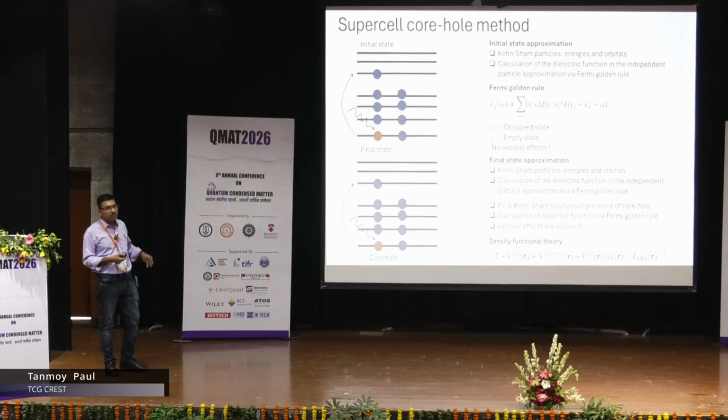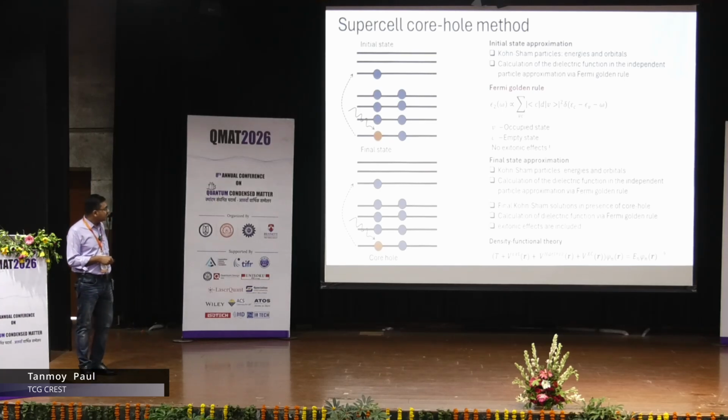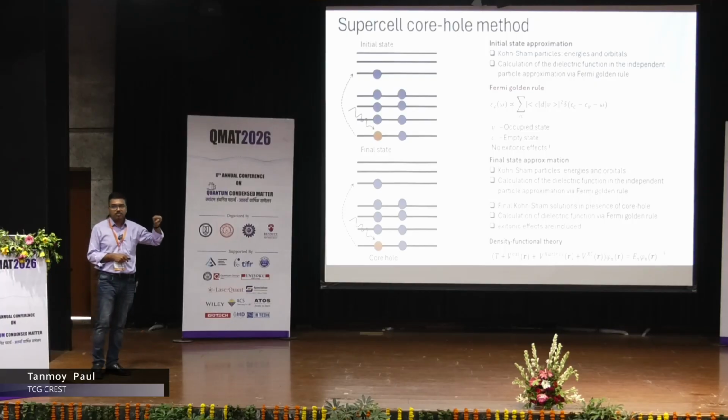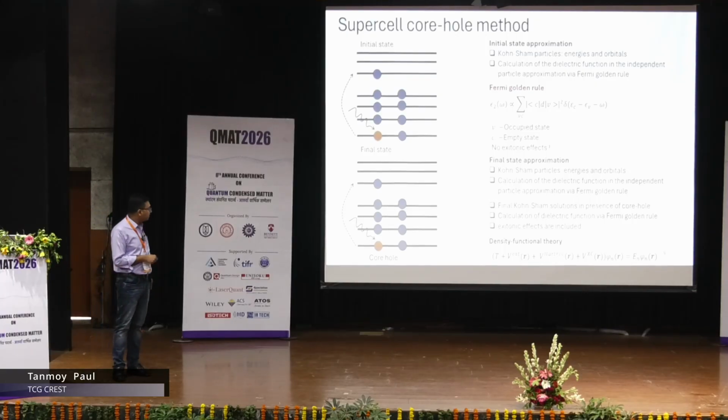So how do we implement that in this approach? When we excite the X-ray photon from the core level electron, if we remove the electron, then we have a core hole here, so it is positively charged. This is the initial state, and then this electron goes to the lowest part of the unoccupied level, so that is the final state.